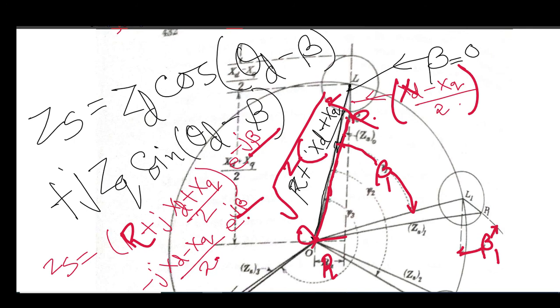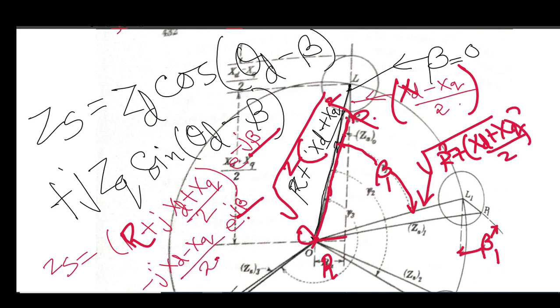So once you are done, here again you have this side as root under (r square plus (xd plus xq)/2 whole square). This side is (xd minus xq)/2 whole square, and this one is your ZS.